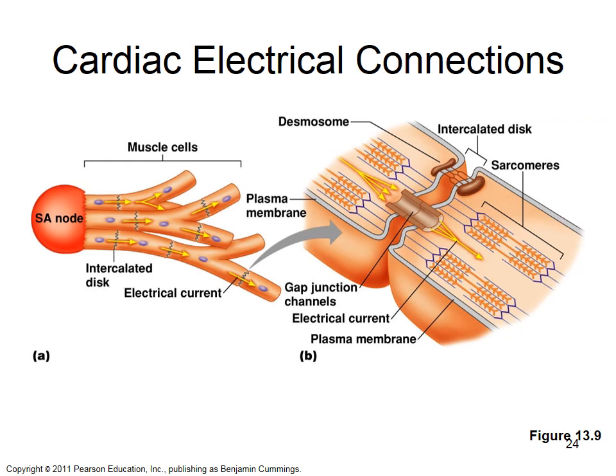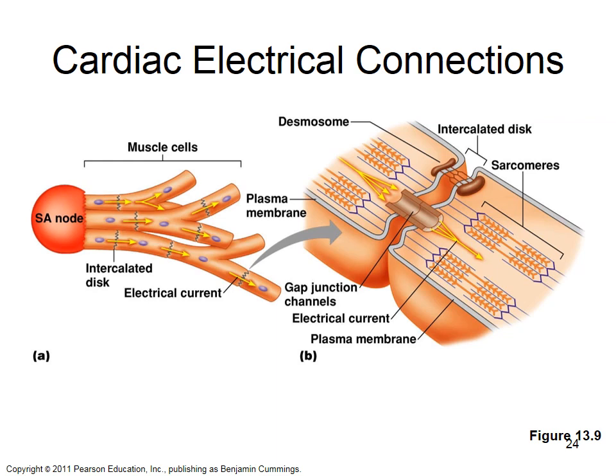Okay, so here we have one of those autorhythmic cells in the SA node. It does not contract. It just has those funny sodium channels, the T-type and L-type calcium channels that cause it to spontaneously fire action potentials. Right, but it is electrically connected via gap junctions to the cardiomyocytes that do contract, the contractile ones. So here we have a blow-up at the junction between two adjacent cardiomyocytes or contractile cells.